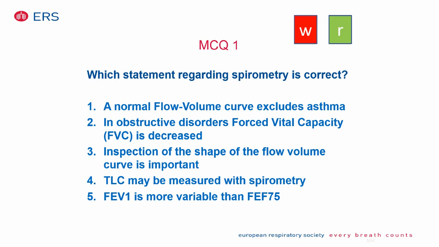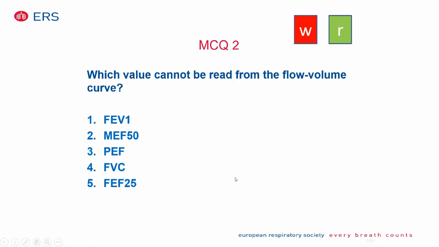TLC is a capacity, which is a combination of plethysmographic and spirometric measurements, and FEV1 is a volume which is less variable than the flows, which by definition are much more variable. Okay. So this, I think, was a rather easy question.